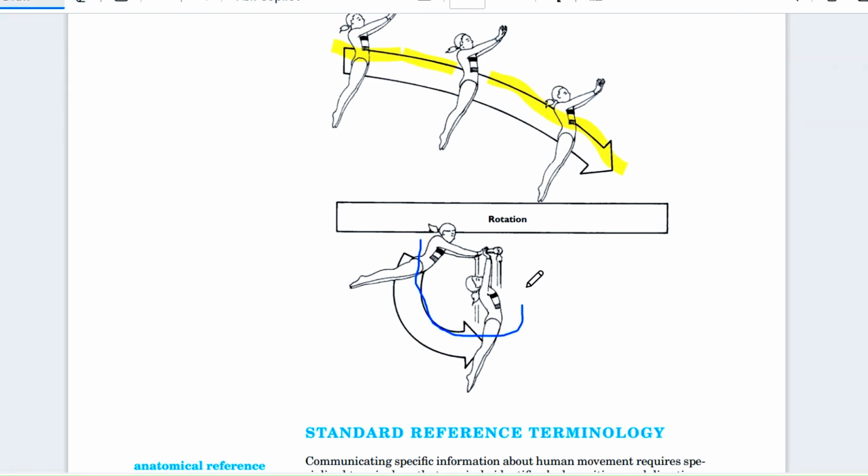This is the start, and she is going to complete a full circle, the body rotating around the fixed bar. That means the body rotates around a fixed imaginary axis, which is considered here as the fixed bar. So a gymnast performing a giant circle on a bar is an example of angular motion, a rotational motion.